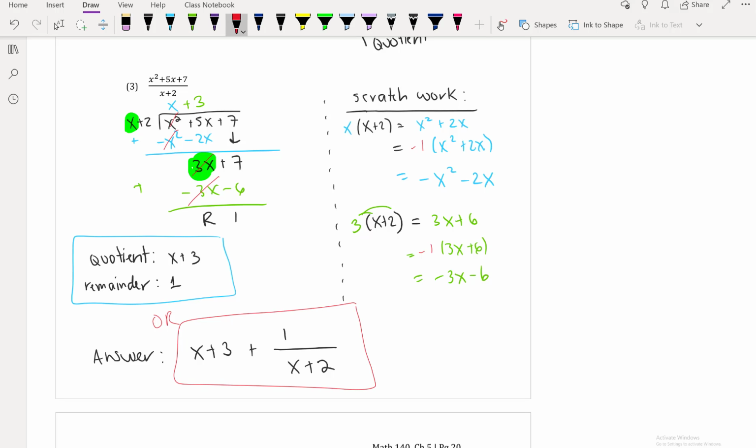And you might be thinking, okay, how the heck is that possible? Well, what's happening here is that the x plus 3, that's the quotient. So that's fine. And what you do with the remainder is always going to be the remainder over what you divided by.